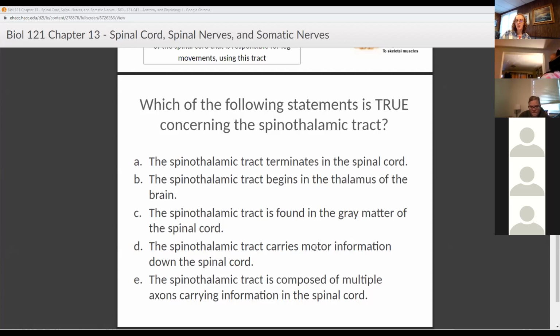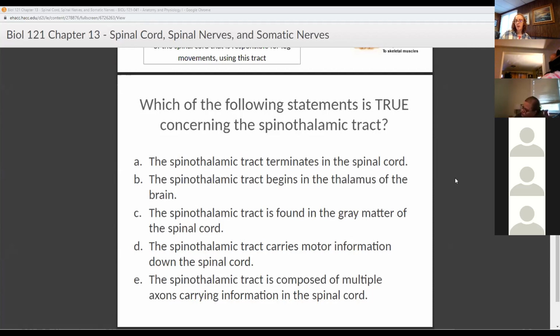Right? Is it white matter? If it's a tract, is it white matter or gray matter? If it's a tract, what is a tract? A tract would be a bundle of axons. These are myelinated axons.